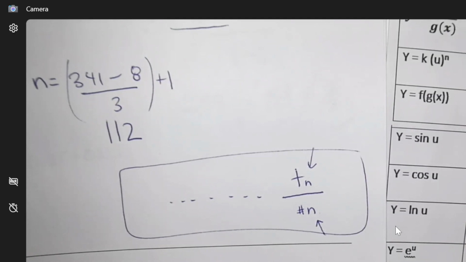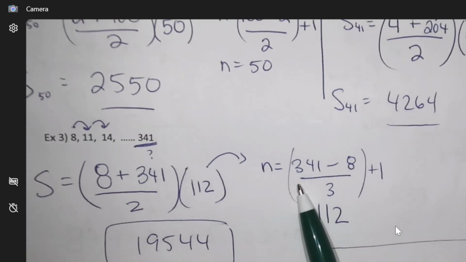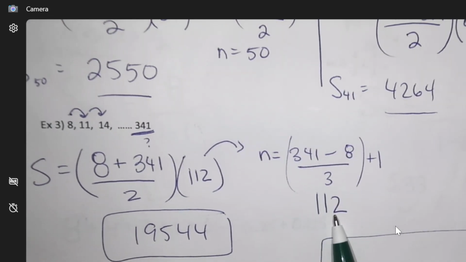Now, here's what I often get on tests. What if somebody's using this formula and they tell me the answer is negative? Does that make sense? Can you have negative terms in your sequence? No. So, if you get a negative answer in there, are you going to just go ahead and figure out, or are you going to stop and say something went wrong? Stop, redo, something went wrong.